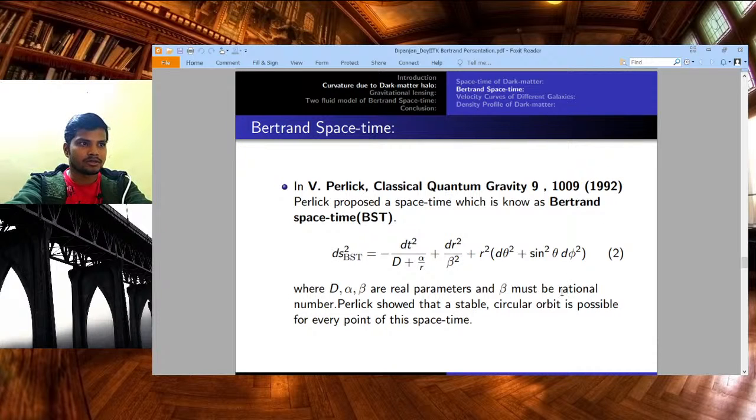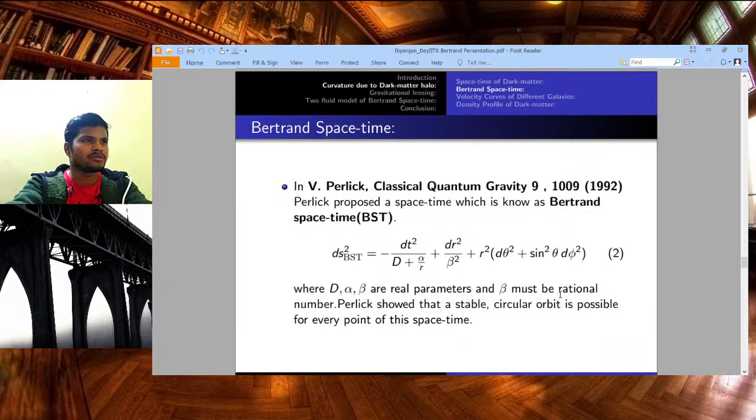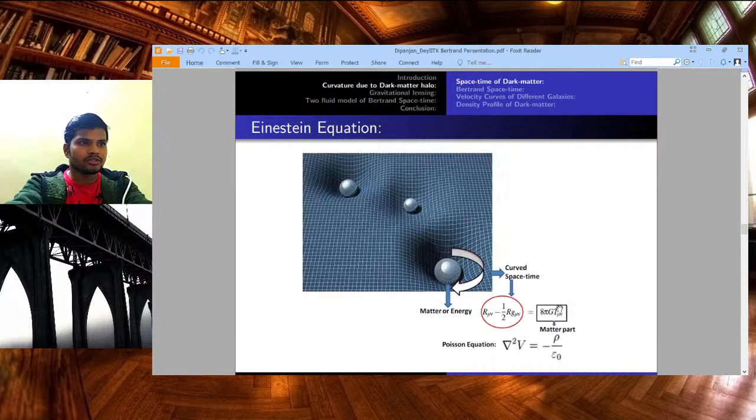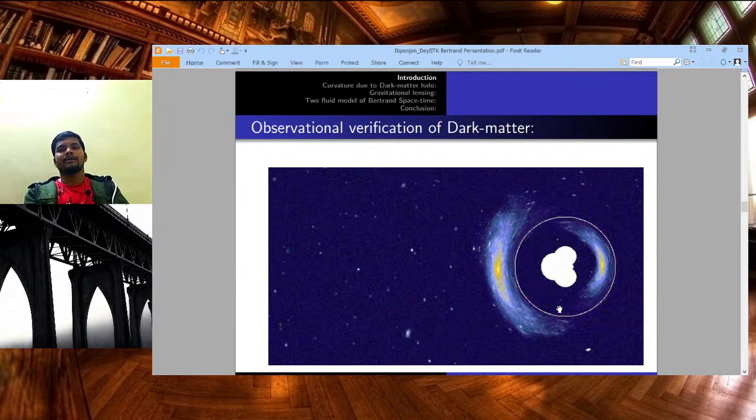You can download his paper. It's from IOP, and I can also provide you the link so you can understand all these things. So this is the way we analyze. There are too many alternative propositions there, and I don't think I can describe the particle part now, that is, how people are understanding dark matter with the help of particle physics.